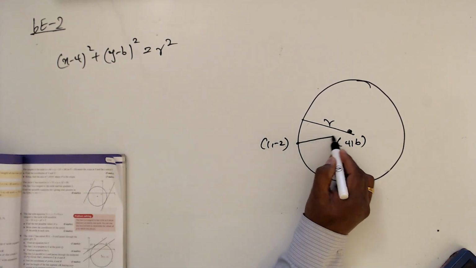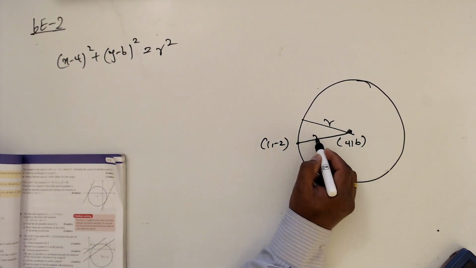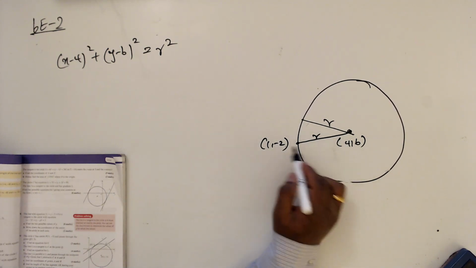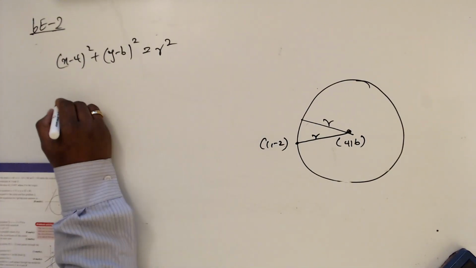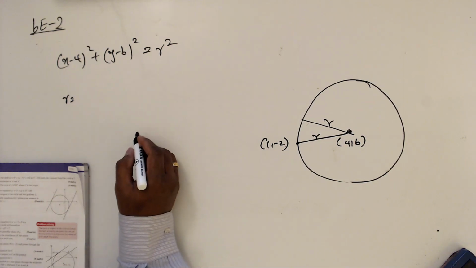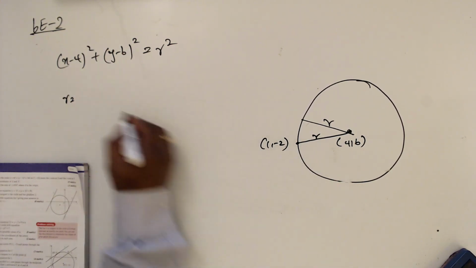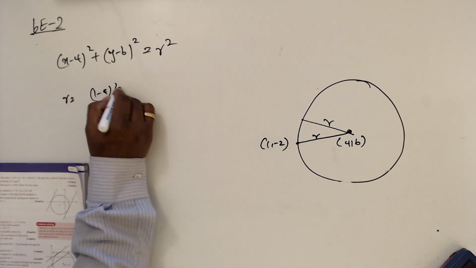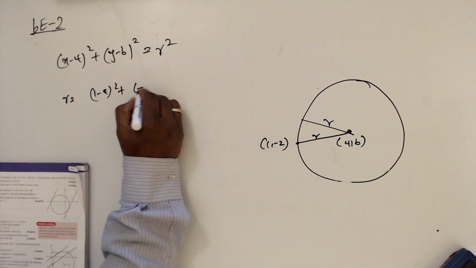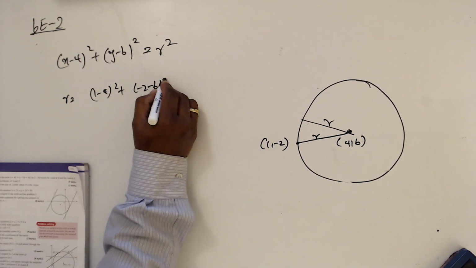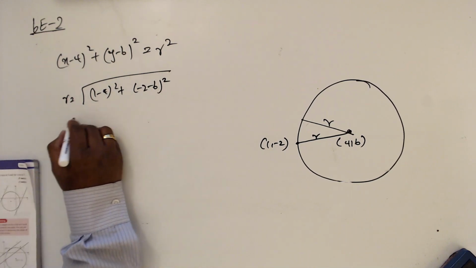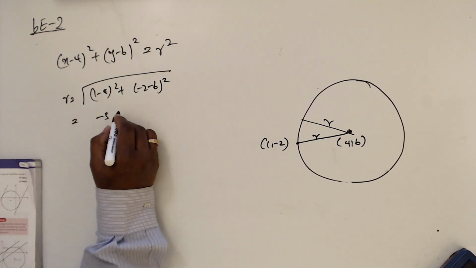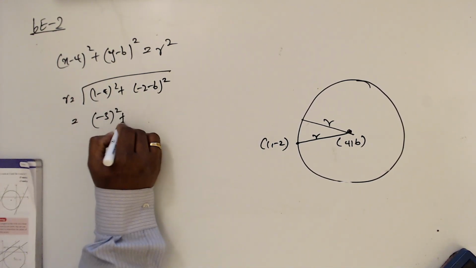This is also a radius. So we can find this distance. r is the square root of (x1 minus x2) squared plus (y1 minus y2) squared. 1 minus 4 means minus 3, squared.